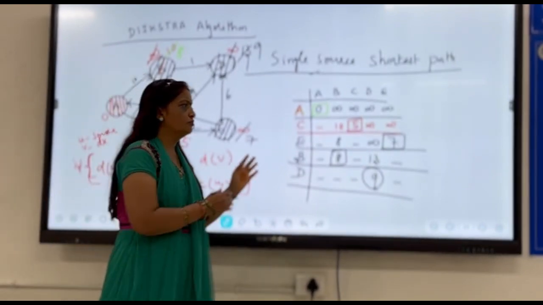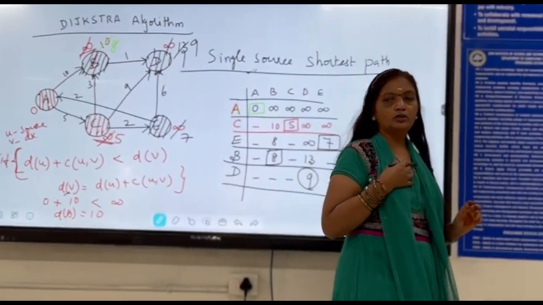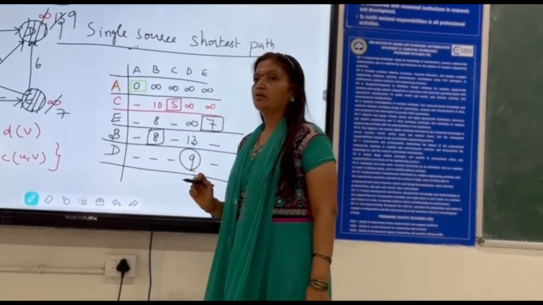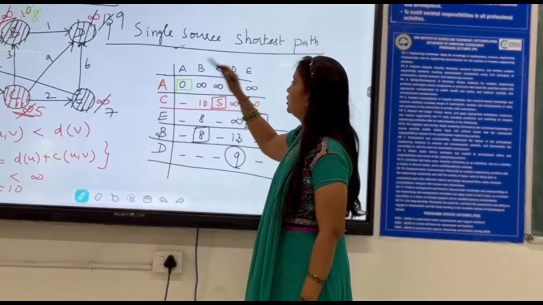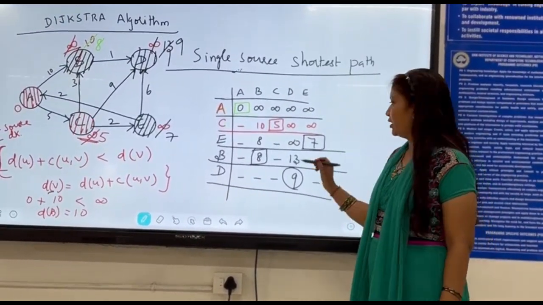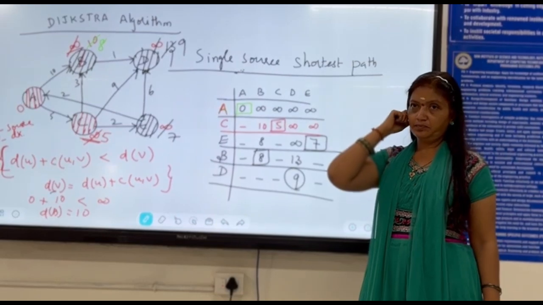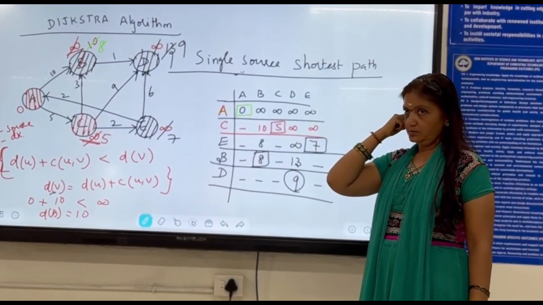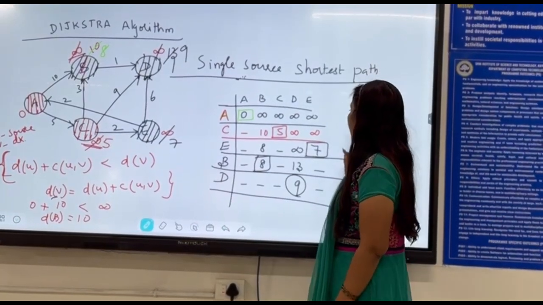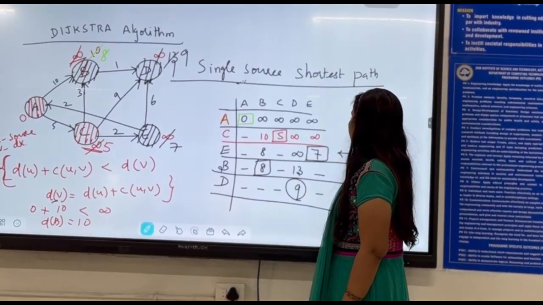Okay. Now how to find out the path? I know that the shortest distance from A to E is 7. But what is the path to reach from A to E? How to find out from this table? For that, start with this one.